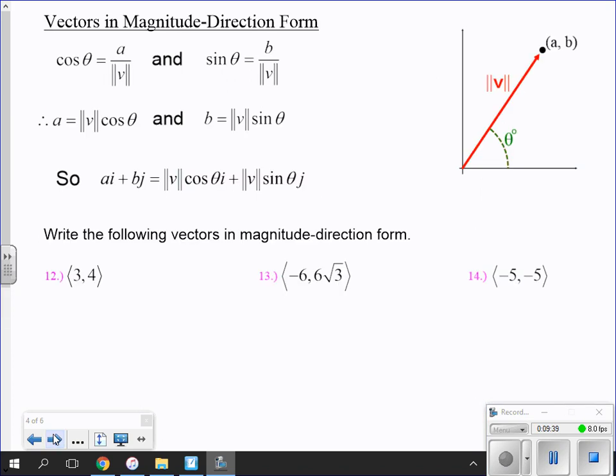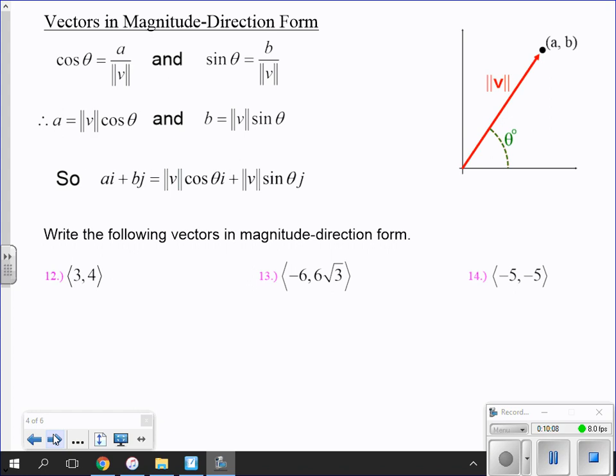So vectors in magnitude and direction form. The idea is, rather than writing it in the standard form we have with the two components, or in the i and j form, we still do i and j, but rather than having a and b be just the numbers 3 and 4, we work it out to write it in magnitude and angle.